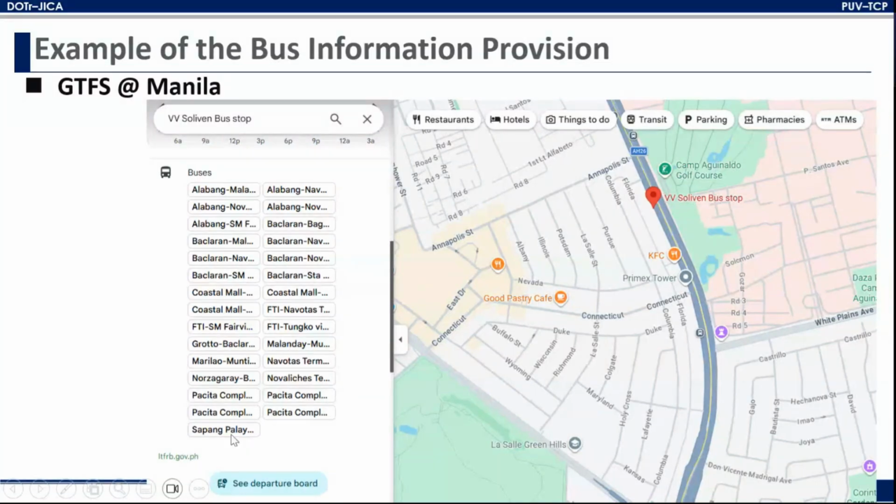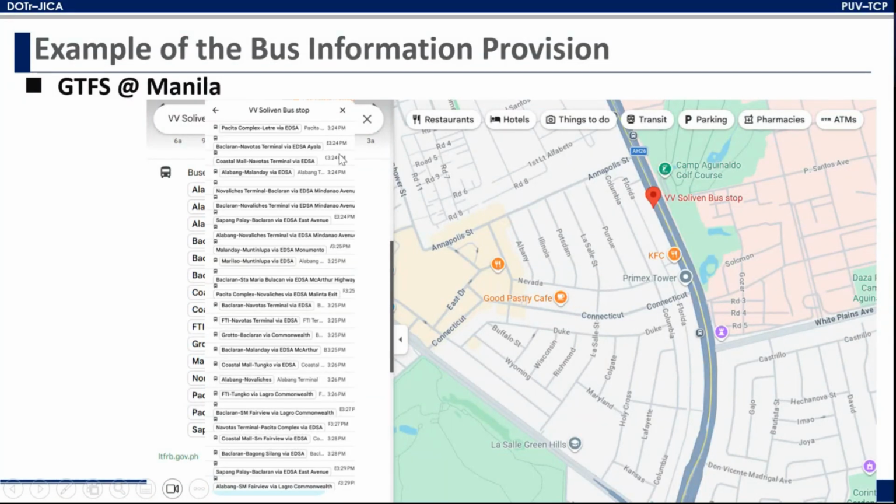And when you click the information, yes, many buses stop at the same time. About 30 buses are expected to stop within 5 minutes.